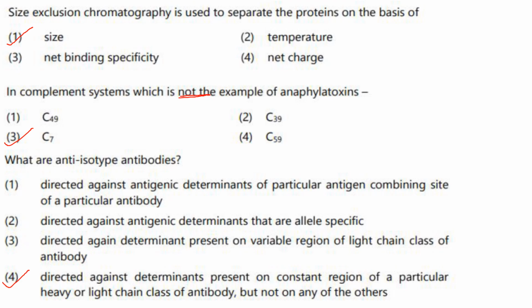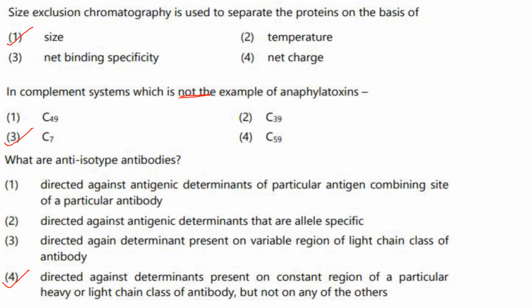Then next one. What are anti-isotype antibodies? So anti-isotype antibodies recognize specific isotypes of the immunoglobulins. Then isotypes of immunoglobulin that are found in human beings are IgA, IgD, IgE, IgG, IgM. So these anti-isotype antibodies recognize and bind to specific isotypes of immunoglobulins.